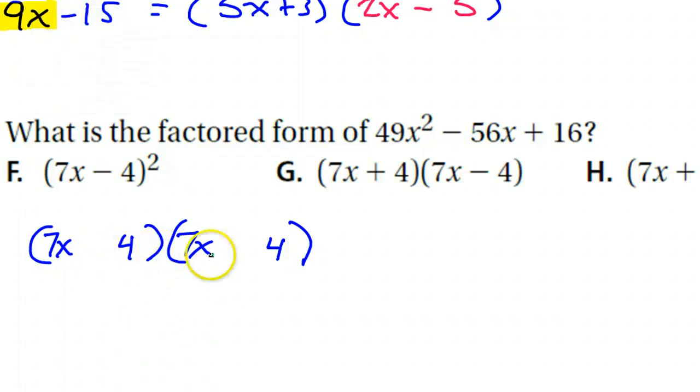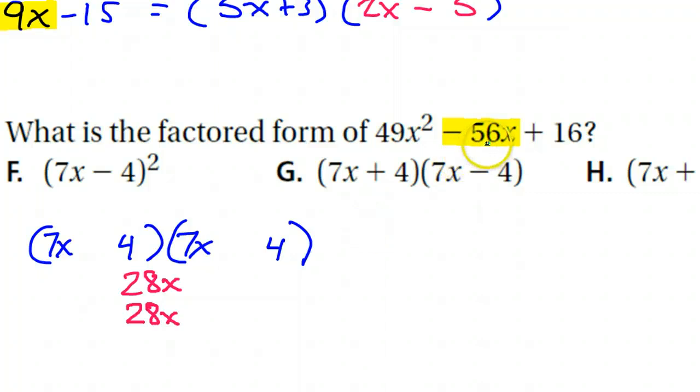Inner plus outer must equal the middle, and the middle is negative 56. So inner, I have 28x. Whoa, I forgot the 8. Let me try again. Inner, I have 28x. Outer, I have another 28x.